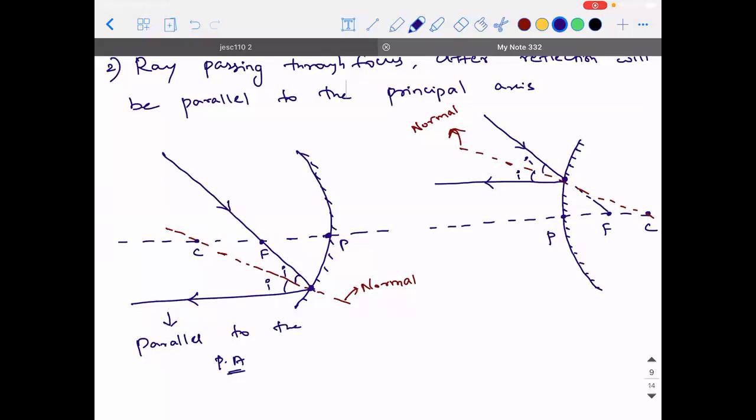Is that clear, guys? So this is also parallel to PA. PA stands for principal axis.